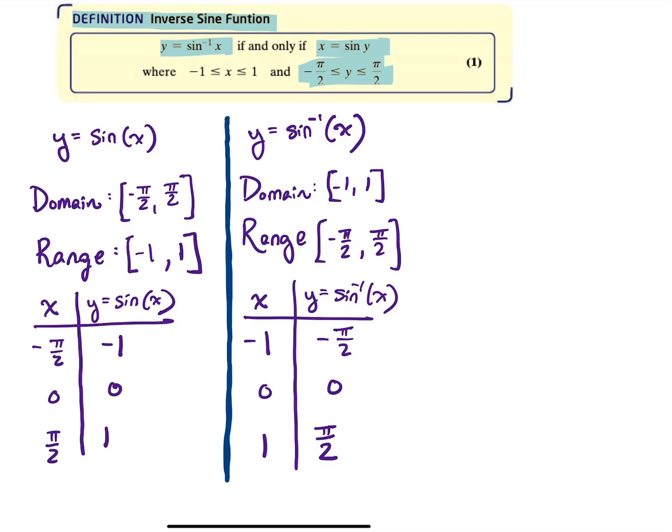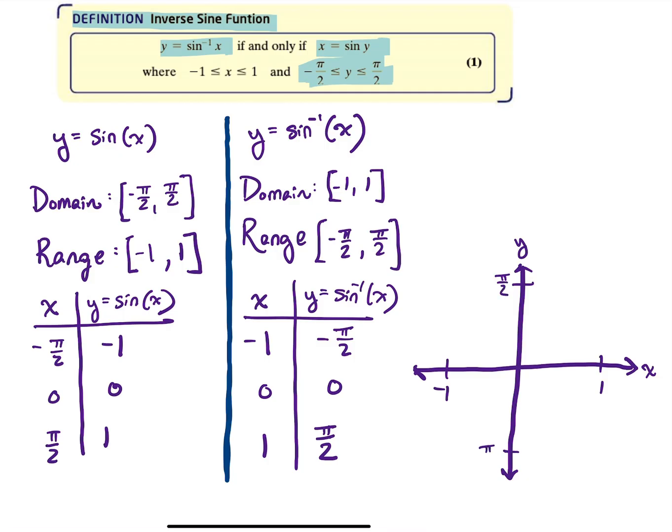So let's do a quick sketch of what this graph will look like. So we're going to be between negative 1 and positive 1 on the x-axis, and now the y-axis will be our angle. So this will be positive pi over 2 up here and negative pi over 2.